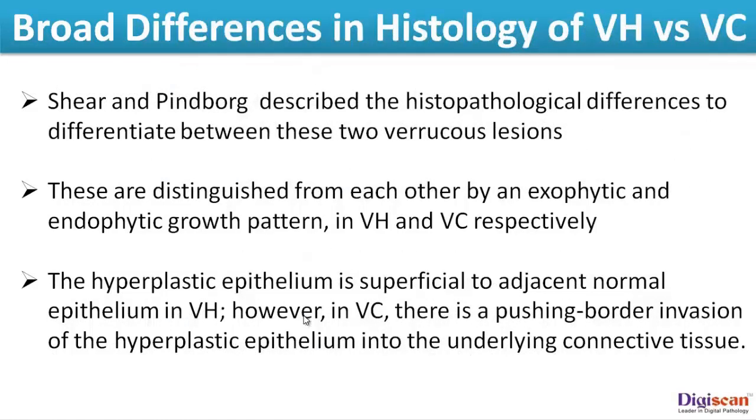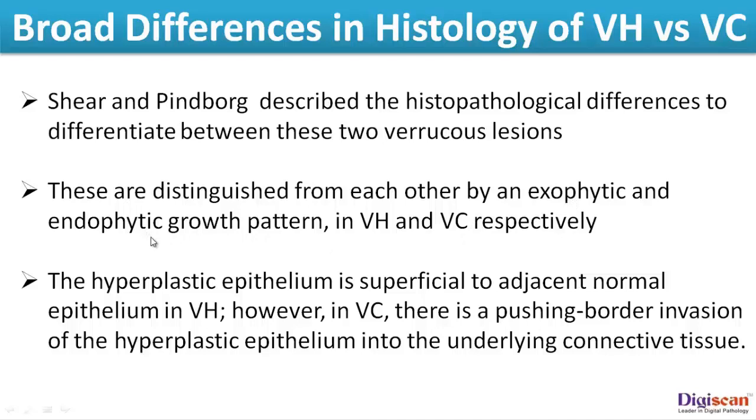Shear and Pindborg described the histopathological differences to differentiate between these two verrucous lesions. They are distinguished from each other by an exophytic and endophytic growth pattern in verrucous hyperplasia and verrucous carcinoma respectively. This means that verrucous hyperplasia will have an exophytic growth pattern while verrucous carcinoma will have an endophytic growth pattern.